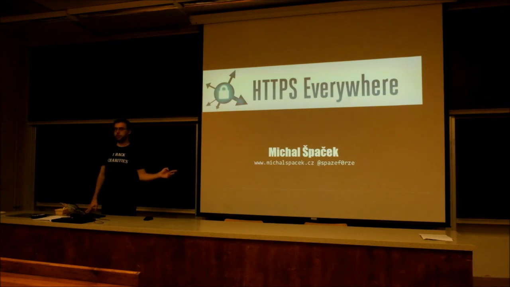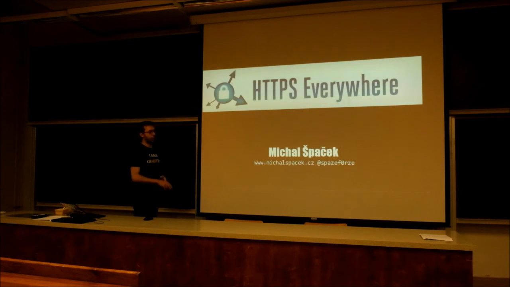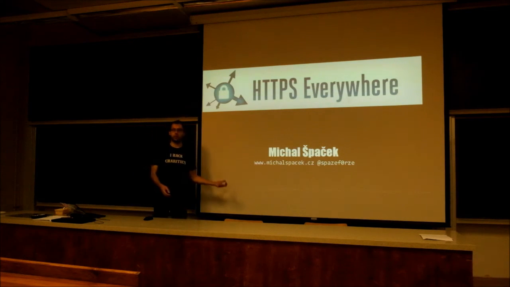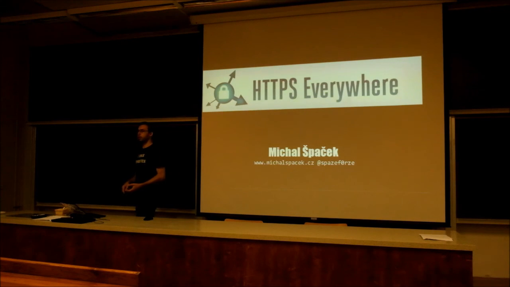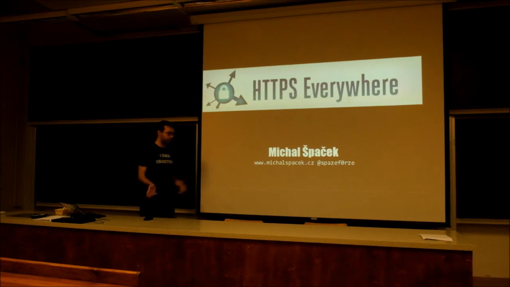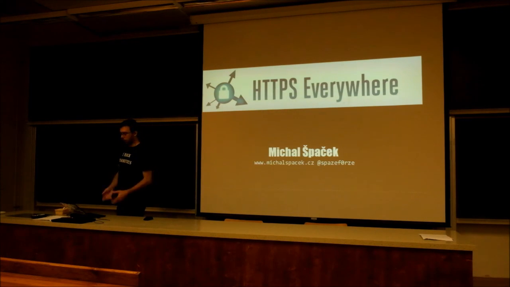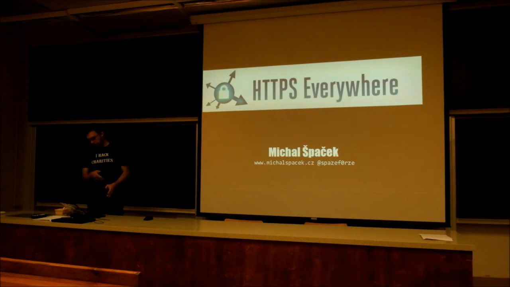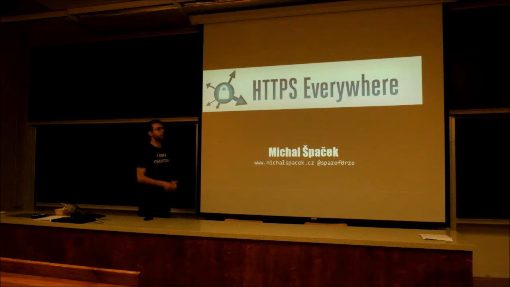You can use this extension in your browsers, and you can also add the websites you know are running over HTTPS only, for example your banking site. You can add it manually to this list, and then the site will be loaded over HTTPS automatically, even if the website developers are too lazy to add these strict transport security headers. So you can just use it like a local HSTS thing. I recommend using this extension so that you are not vulnerable to the SSL stripping attack.